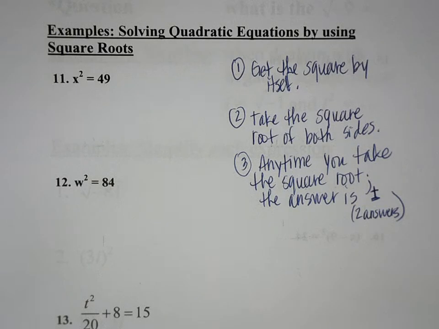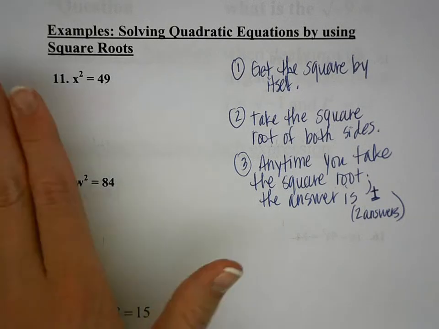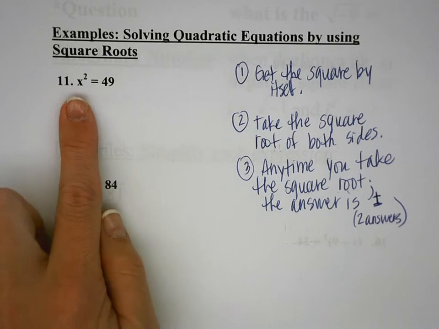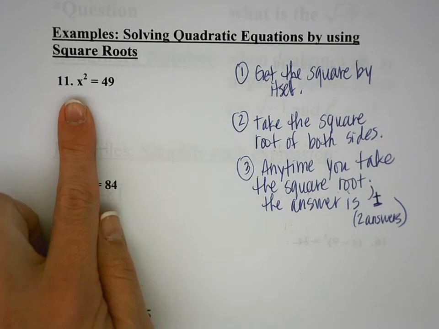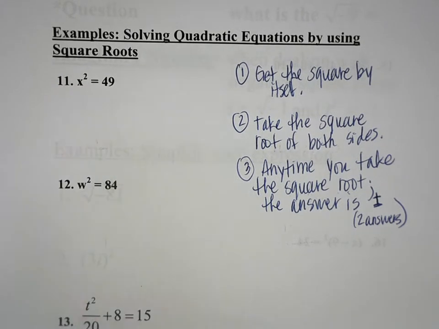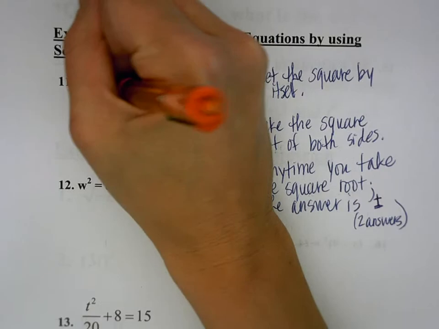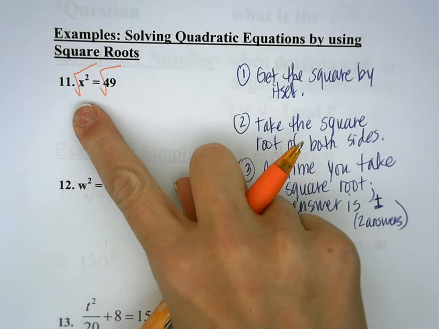Okay, so what I mean by this, on example 11 here, the square is by itself. Agreed? So in order to find out what the answer is for just x, we take the square root of both sides, the square root of x squared, because x squared is really x times x, right?